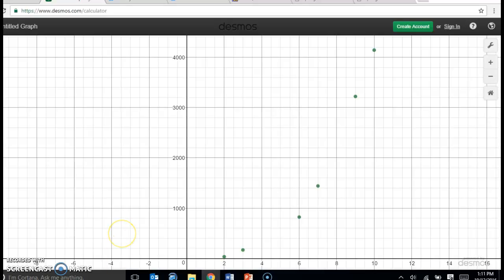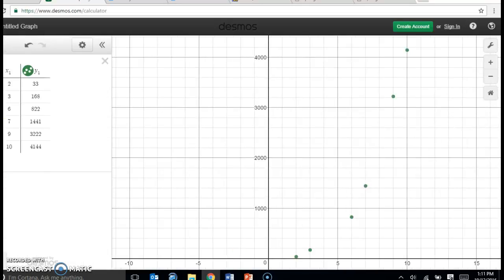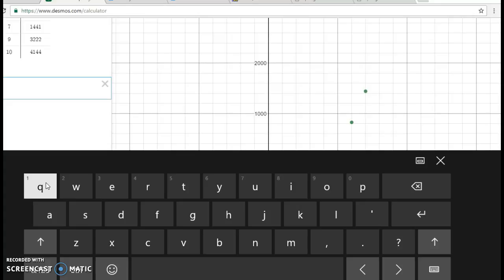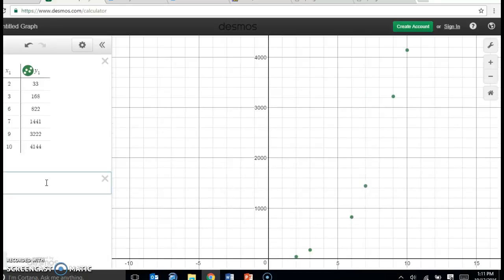Okay, so it asks us to create the scatter plot and determine a power function to model the data. So in Desmos, from data, we're creating an equation. This is a regression, kind of working backwards. We're going to go to our second line here and plug in our function.